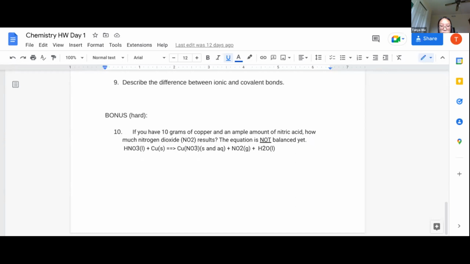So depending on the balanced equation, you can multiply or divide to get the number of moles of nitrogen oxide. And then you need to multiply the number of moles of nitrogen oxide by the molecular mass of nitrogen dioxide. But you guys can do that at home.